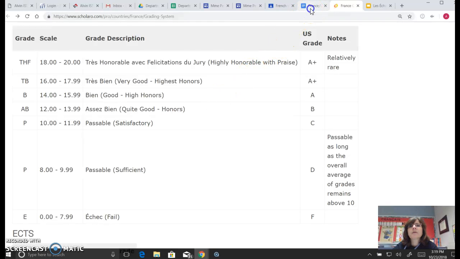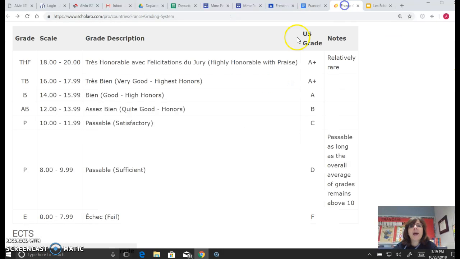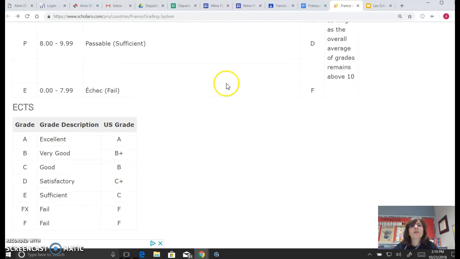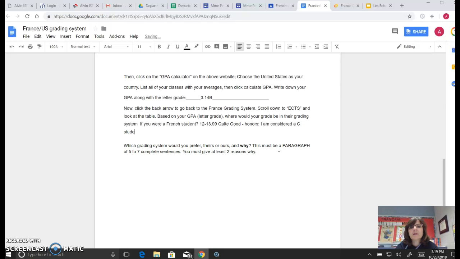Quite good honors. All right, but then when I look at the letter grade here, it would be considered C or good. So that is the equivalent for the French letter grade. So I am considered a C student, which is good.